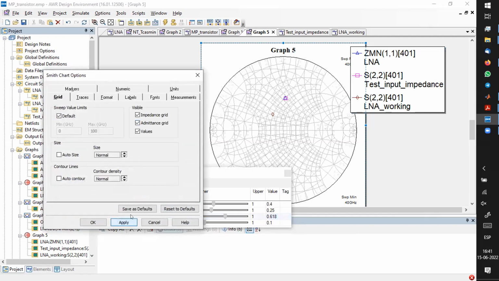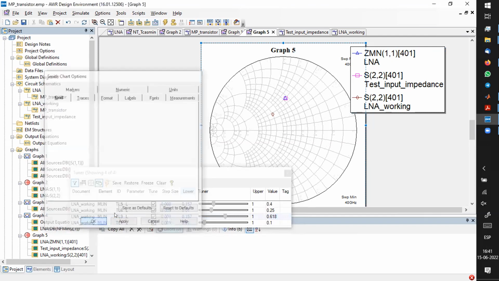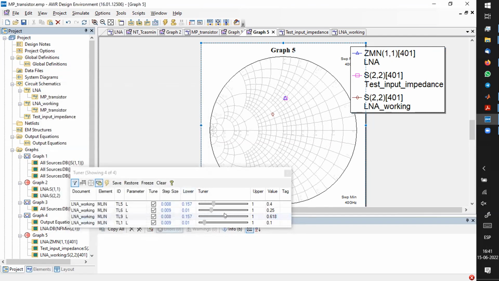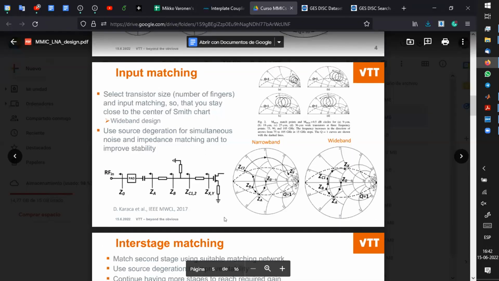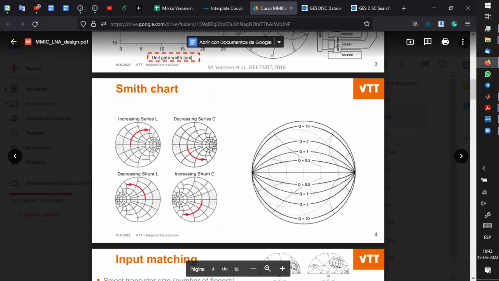Oh, remove the impedance grid for a while. Okay, so now if you again tune the short circuit shunt stub, you can see that you are moving on the admittance circle, like in the PowerPoint slide. So theory is working here in practice.